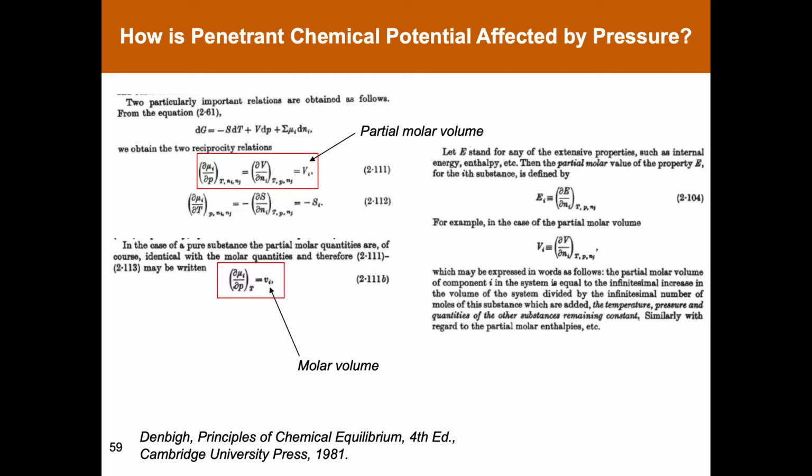Remember the Maxwell relations and all that jazz? In a pure liquid, the way that pressure affects chemical potential is just the molar volume. So the molar volume is essentially the change in chemical potential with pressure.